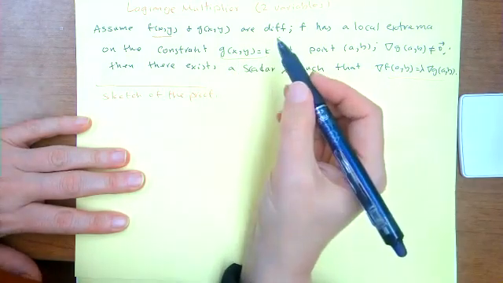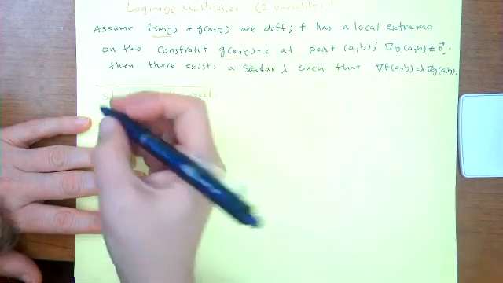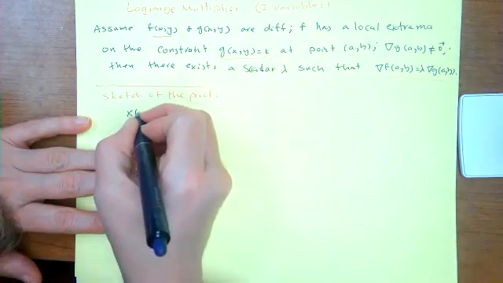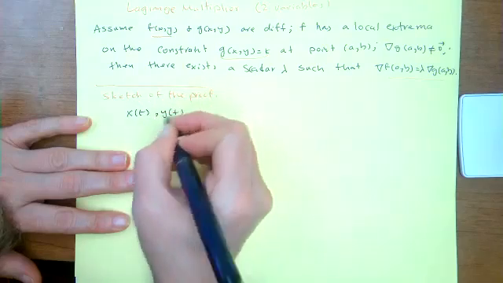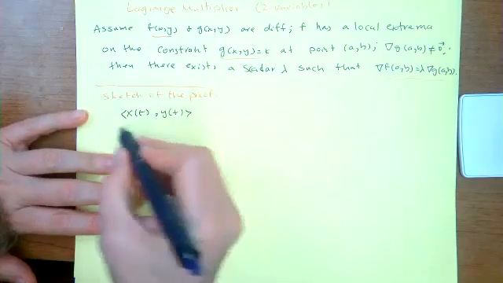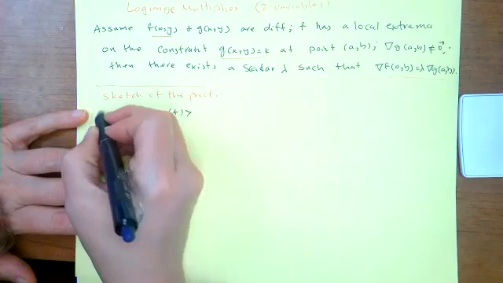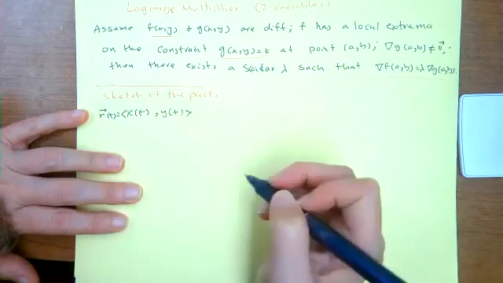Let's parameterize that curve. How do we parameterize it? By x of t and y of t. Typically we show it as a pair, and sometimes in this format.